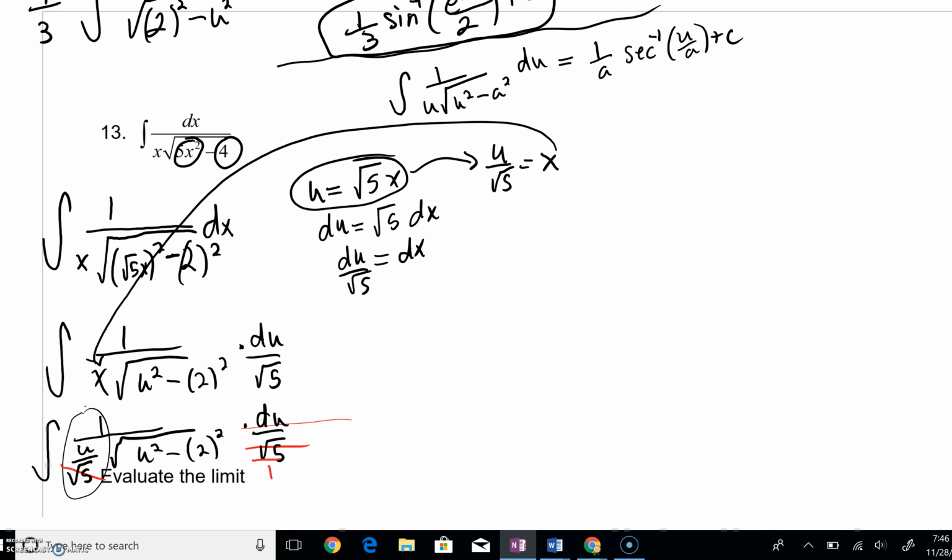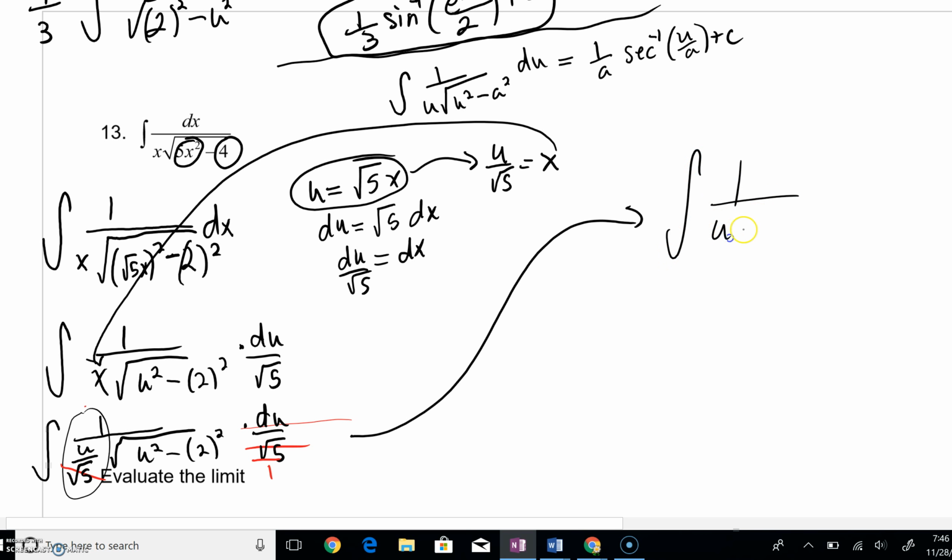But once you've made that substitution, I hope it's very obvious what's about to happen. Let's rewrite the problem. This is now just a u and a radical u squared minus, and here's root 2 squared. Right now, this is going to look exactly like what we began our review with, where we said, hey, as we had that lesson on inverse trig, we are looking for this pattern right here.